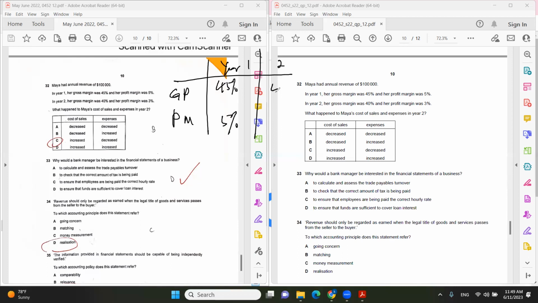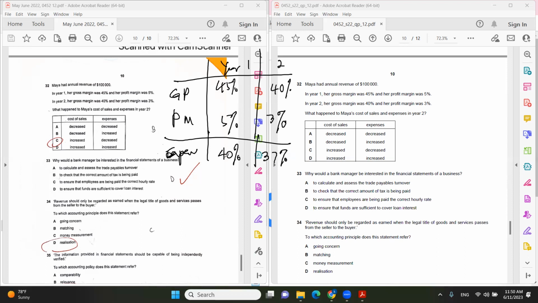Year 2, 40% and 3%. The difference between the two is the expenses over revenue. So 45 minus the expenses gives 5, so the expenses over revenue is 40%, whereas in year 2, 40 minus 3 is 37%.